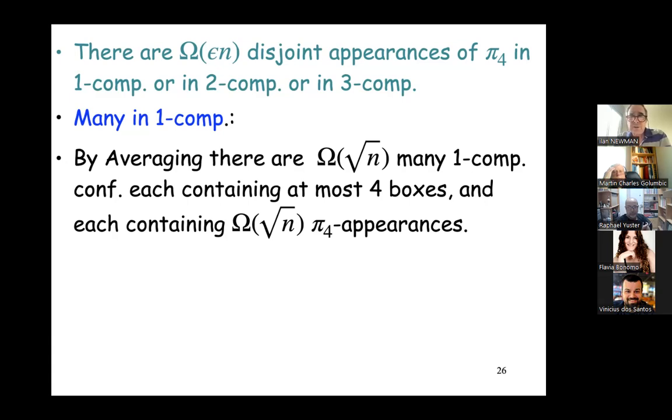Then by averaging, there are order square root of n many one-component configurations, each containing at most 4 boxes, because a component contains at most 4 boxes to be relevant for us, and each containing omega of square root of n pi appearances, because altogether we assume that there are linear in n appearances, and if most of them appear in one component, and I have only square root of n components, it means that the typical component will contain a lot of configurations, corresponding to its size.